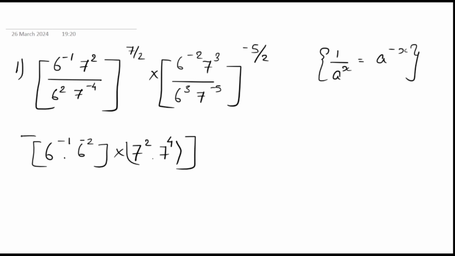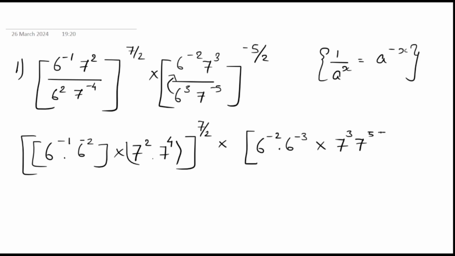The whole to the power 7 divided by 2 into this will be 6 to the power minus 2 and the 6 to the power 3 I am bringing it to the numerator. So it will become 6 to the power minus 3 into 7 to the power 3 and the 7 to the power 5 I am bringing to the numerator and it will become 7 to the power 5. The whole to the power minus 5 by 2.